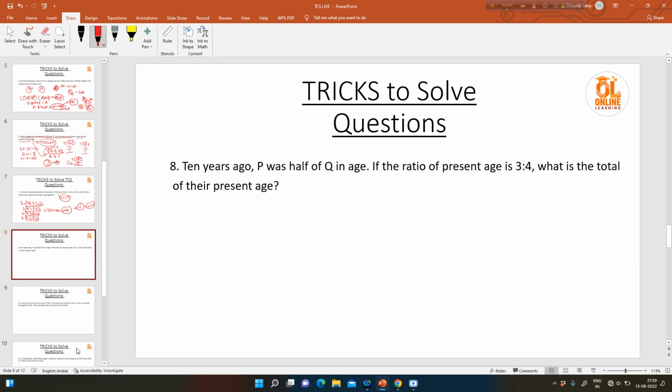Okay, 10 years ago, P was half of Q in age. If the ratio of present ages is 3 is to 4, what is the total of present ages? So it is given the present age ratio is 3 is to 4.